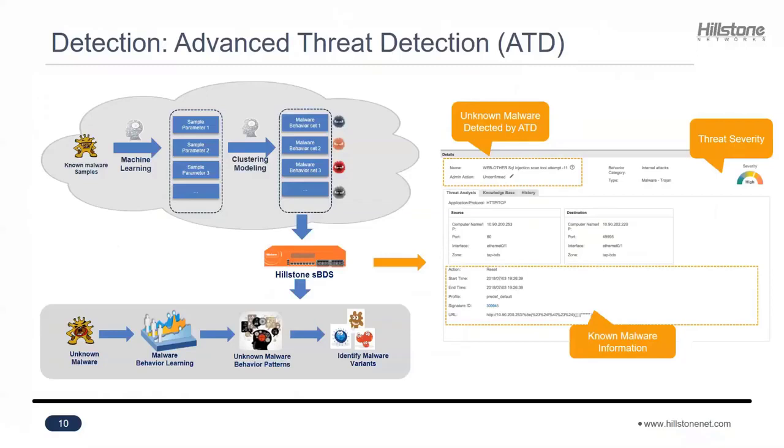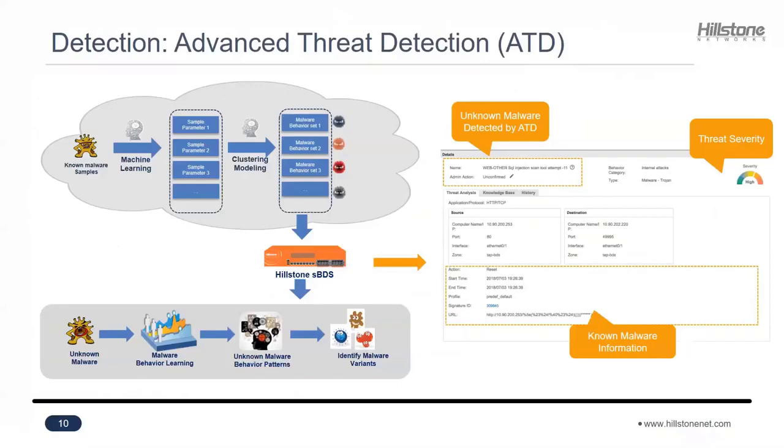This page 10 just goes through in a little more detail what I mentioned earlier. The ATD is basically one of the detection engines on the appliance. We are basically using a machine learning mechanism. First, we do data mining over millions of malware samples and extract the features from these samples.